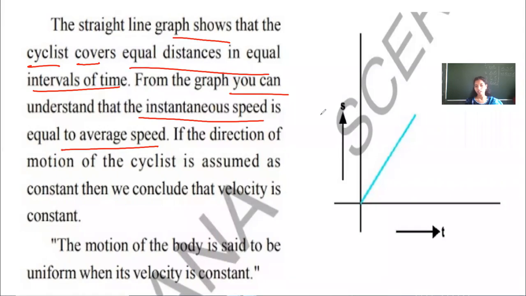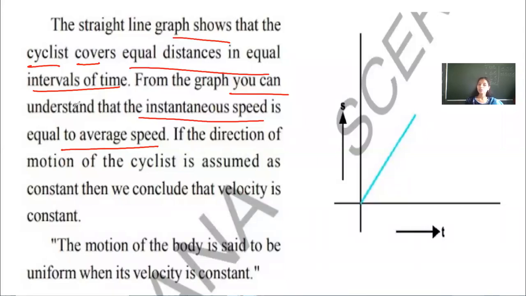Instantaneous speed means we can see the speed instantly, how fast we are moving from one place to another. When we check the speedometer, we can see the instantaneous speed of the vehicle. So here instantaneous speed is equal to average speed.